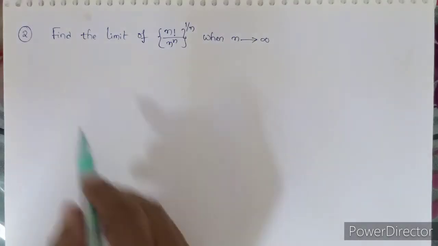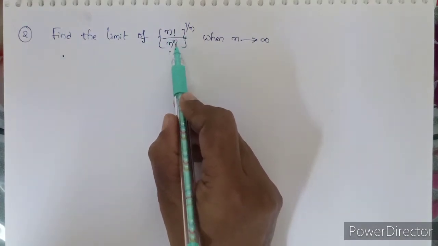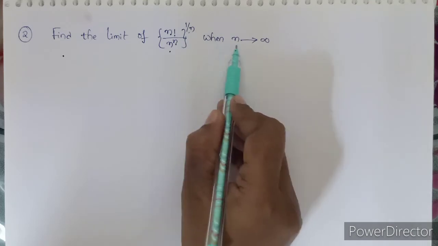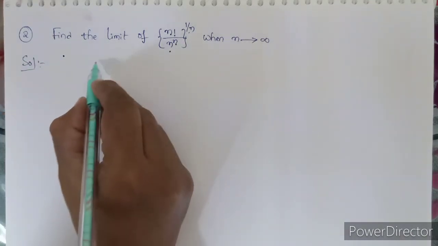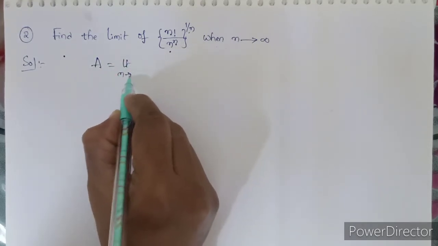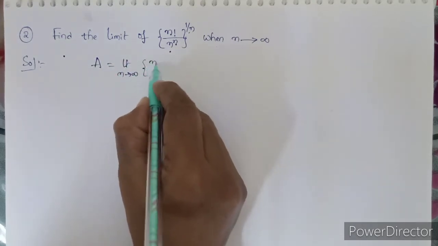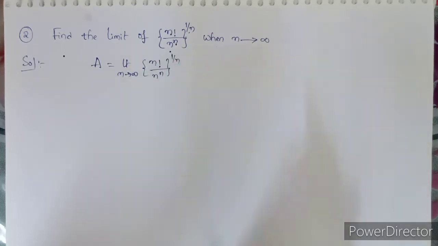See second problem. Find the limit of n factorial by n power n whole power 1 by n when n tends to infinity. We call this limit as A. A is equal to limit n tends to infinity n factorial by n power n whole power 1 by n.